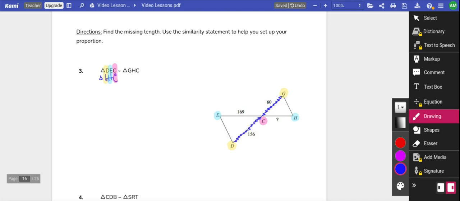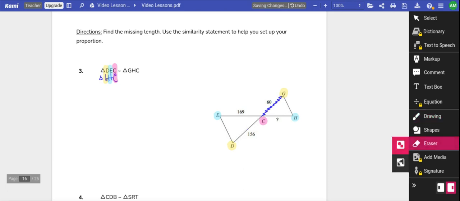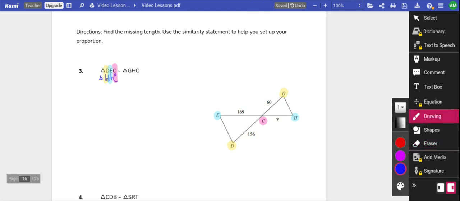Now this is why color coding kind of comes in handy. Or you could do it like this. I kind of like it this way better. If I look at DEC, I can go from D up to E with a squiggly line and over to C with like a thicker line.